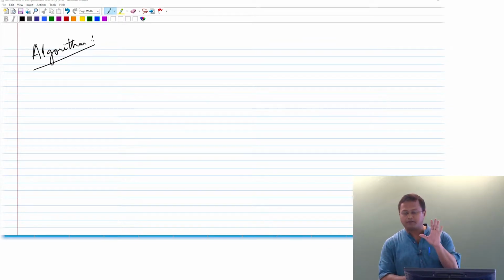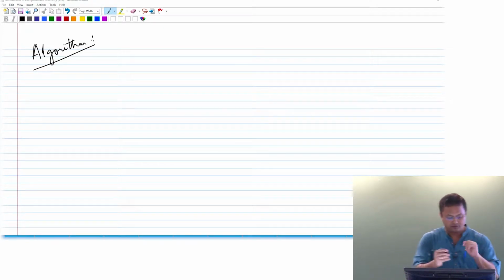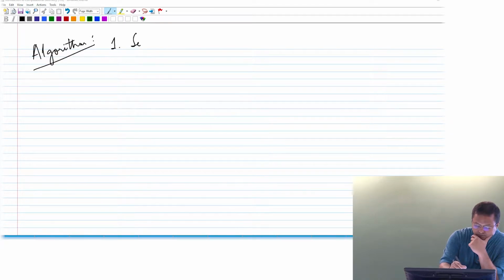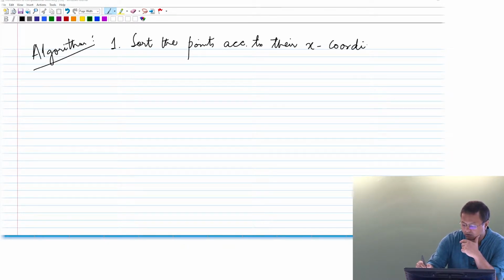So, my algorithm step is... now, because I am targeting an n log n time algorithm, I can do a sorting. So, my first step is to sort the points according to their x coordinates.